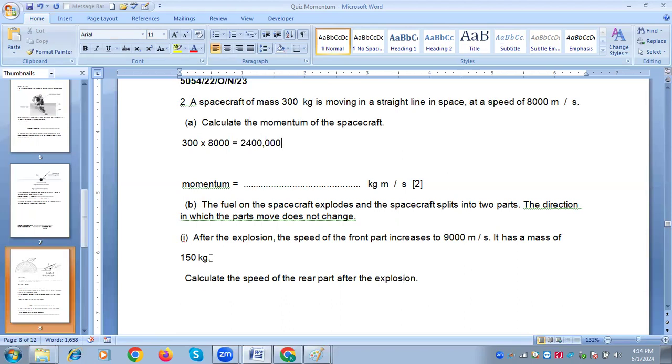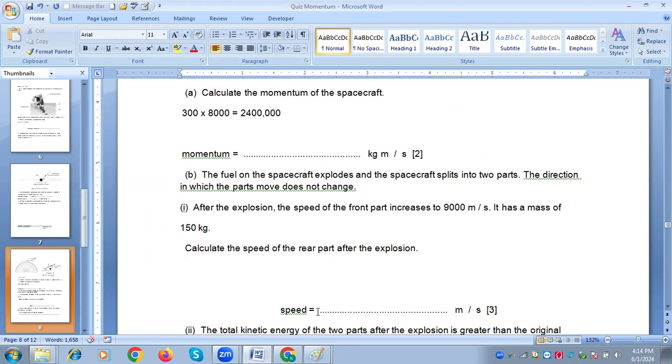It means they divide into two equal parts. One part is the front part, 150 kg is the mass, and the velocity of the front part is 9,000 meter per second. Calculate the speed of the rear part after the explosion. So what we will do here, 2,400,000 is the initial momentum.